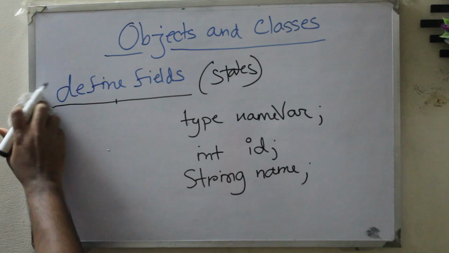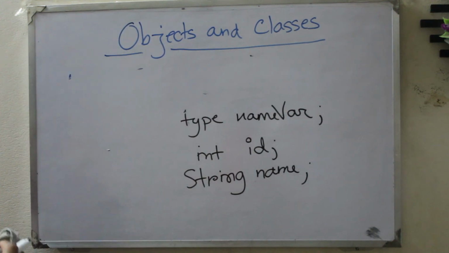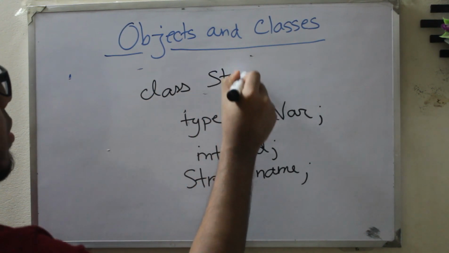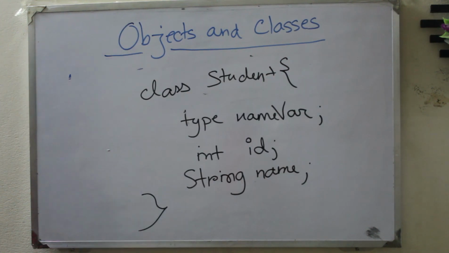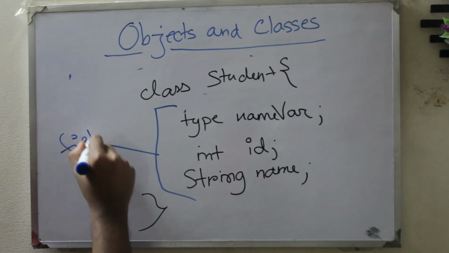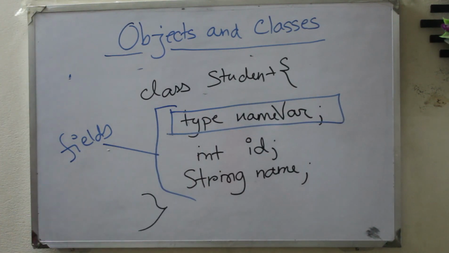We define all the fields inside a class. So this should look like the class that we're defining, student, and inside the class the fields are defined here, okay? These are the fields. This is how we define fields.